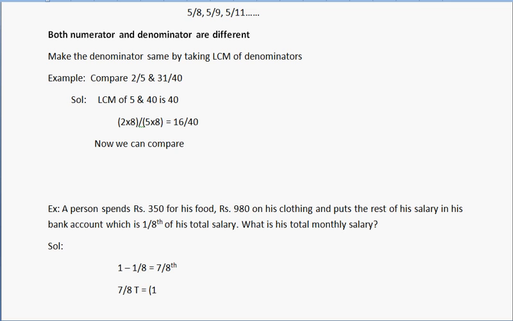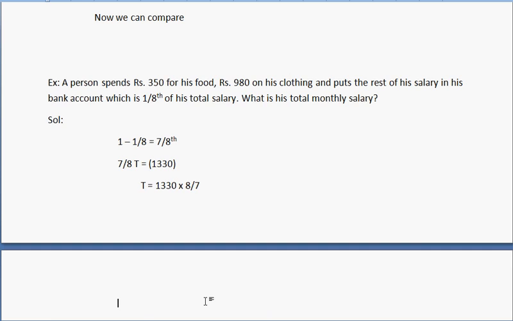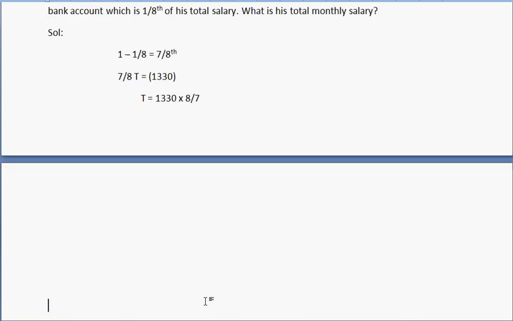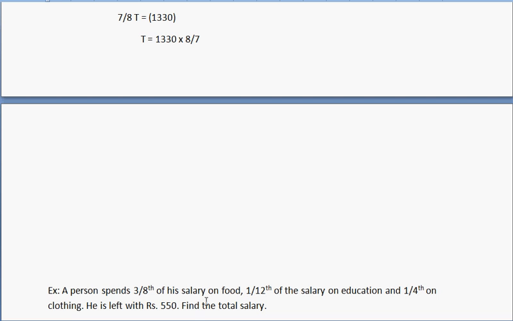So 1330 he has spent. So we can find T from this. Just do 1330 multiplied by 8 and this whole divided by 7. So you would be able to find T. Whatever the value of T comes, you would be able to do that. So this is how we do this very basic question.